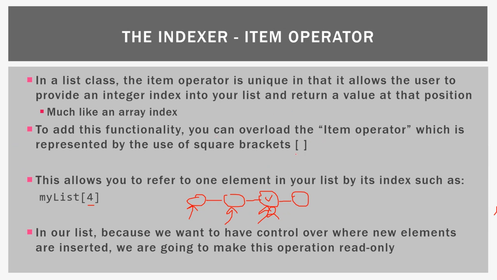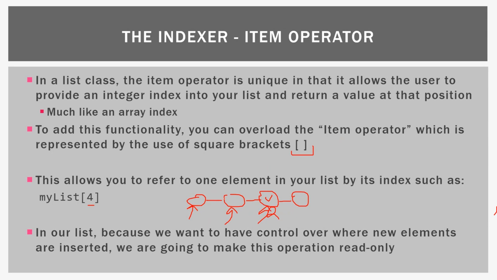The item operator is these square brackets, and we're going to overload it so that we can control how a particular numbered item is returned. Because we're in charge of how the list works, we can make it work whatever way we want. If we want to count from the end, or only count particular elements, or skip some, we have the control over doing that.